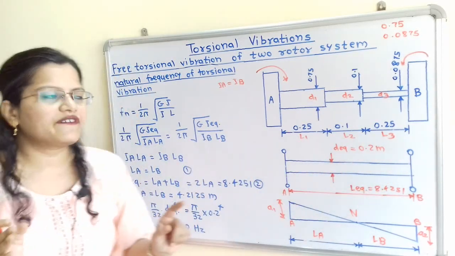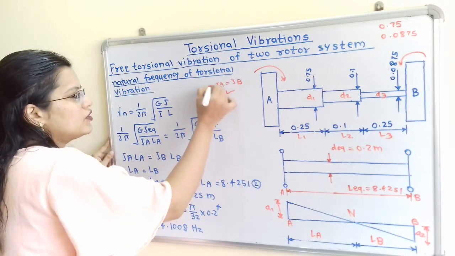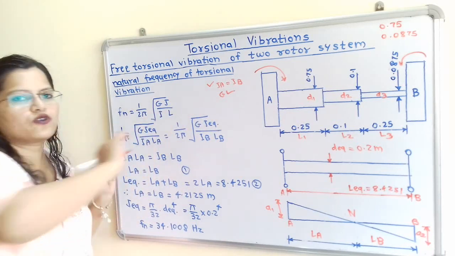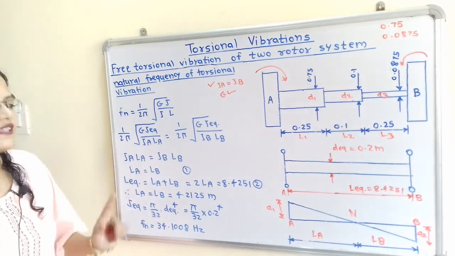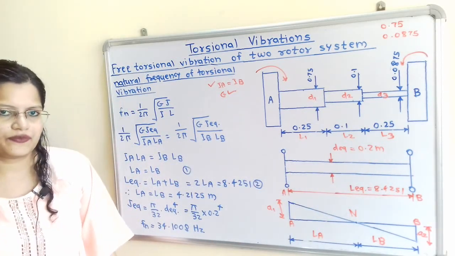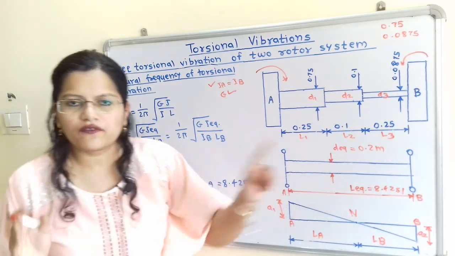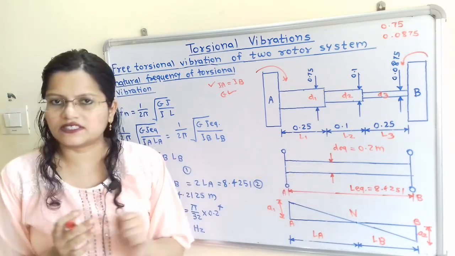So for the shaft material, value of G is given in the question. So this IA and IB is also calculated, G is mentioned in the question. Now J, that is the polar moment of inertia for the shaft. So for this polar moment of inertia, we have to calculate this for the equivalent system.